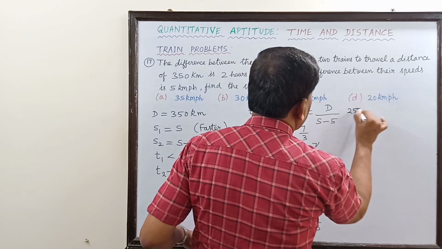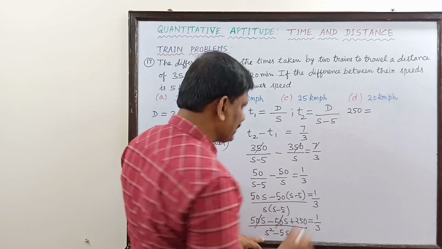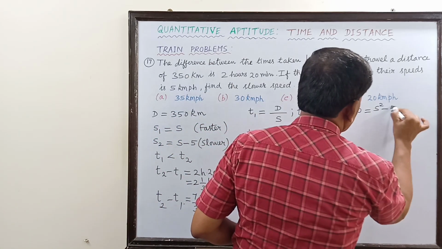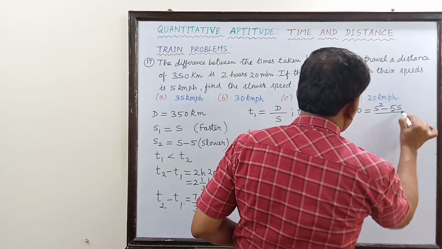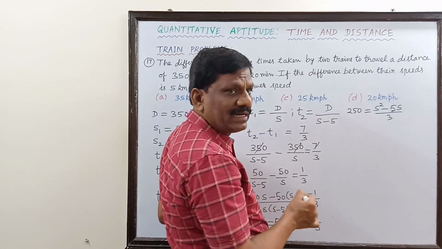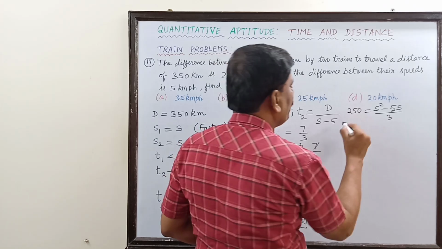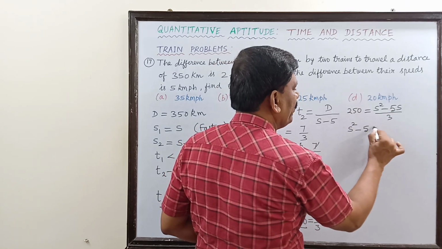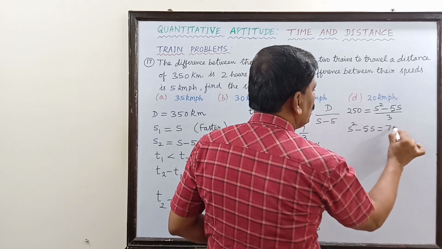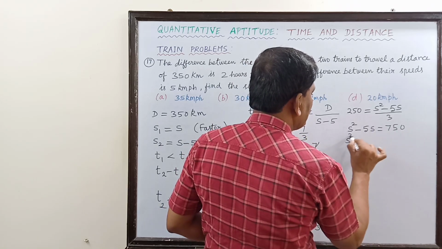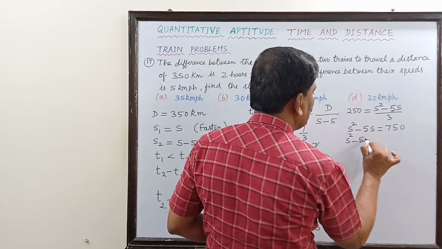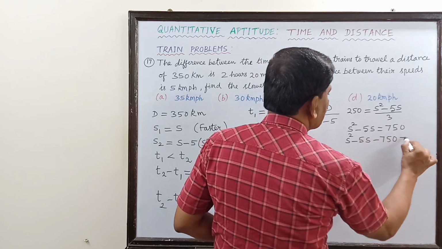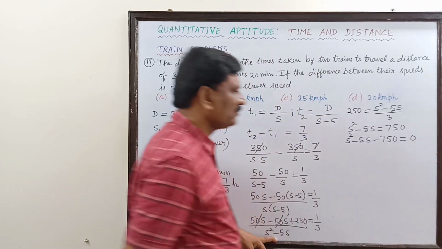So 250 is equal to s square minus 5s divided by 3. 250 into 3 is 750, and I express this as a quadratic equation: s square minus 5s is equal to 750, or s square minus 5s minus 750 is equal to 0.